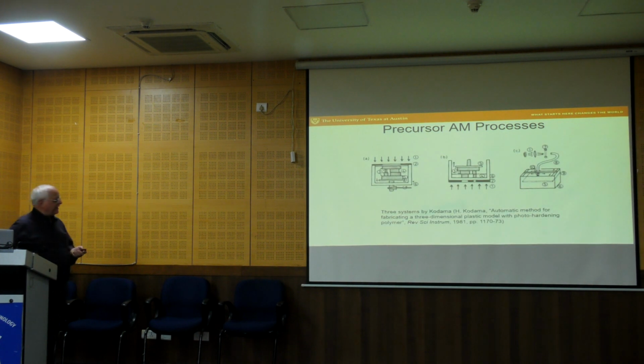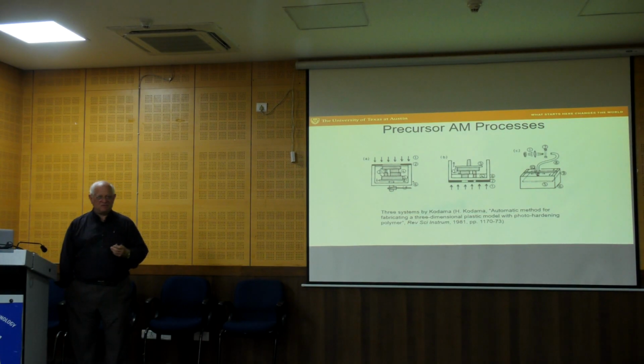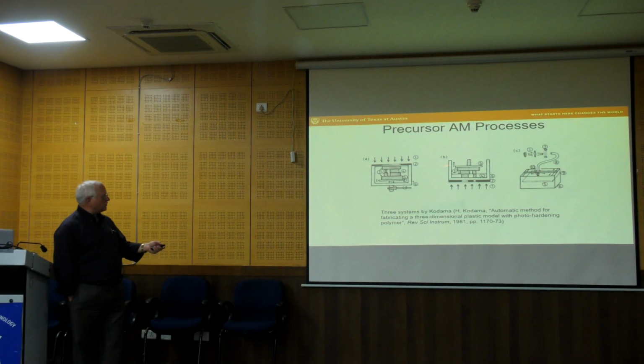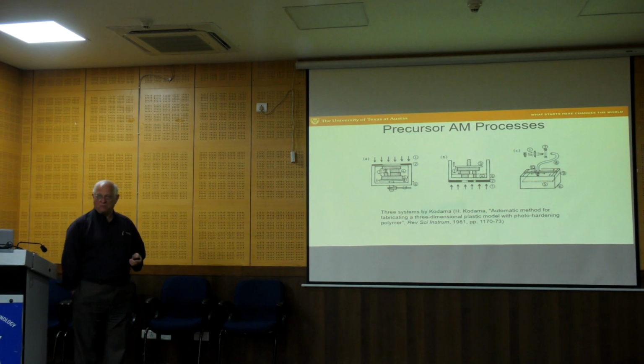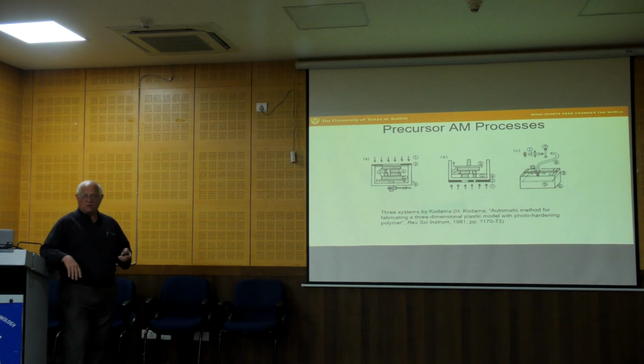Kodama in Japan. Many Japanese claim that additive manufacturing was invented and began in Japan, and they do that on the strength of this article that was published by Kodama. I forget, he was at a research institute outside Tokyo. But it's vat polymerization. It's stereolithography.